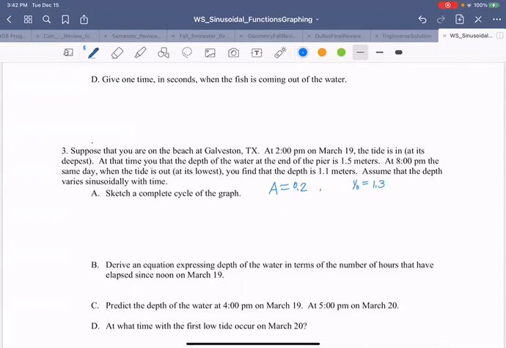And then we can see from 2 p.m. to 8 p.m., right? So that's a half period.